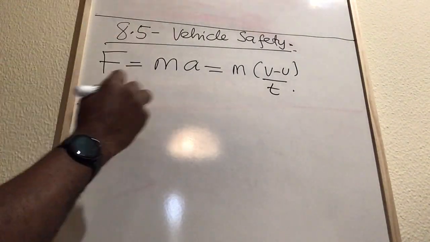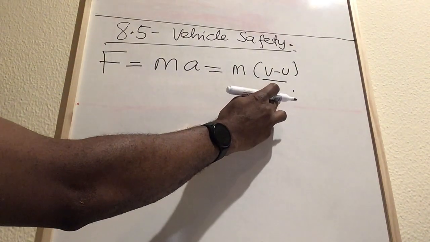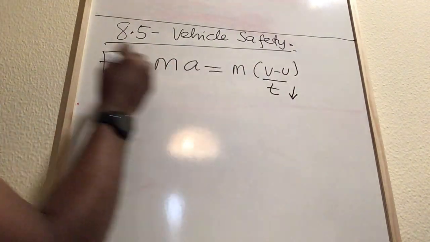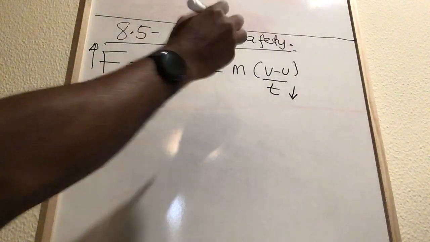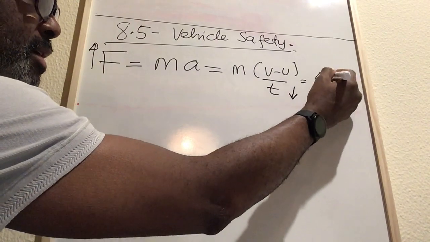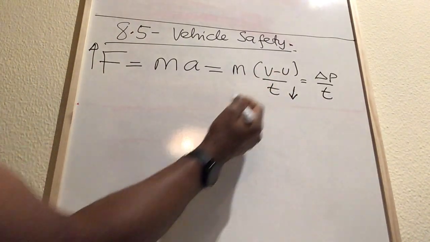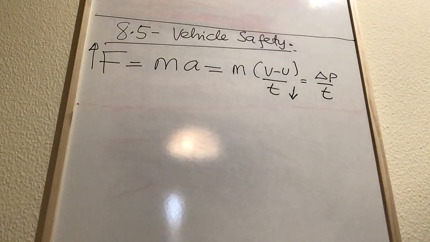So what we are saying here is there is a relationship between force and time, and that relationship is inverse. If time goes down, impact force goes up. We can also say this is the same as rate of change of momentum, because mv minus mu is the final momentum minus the initial momentum.